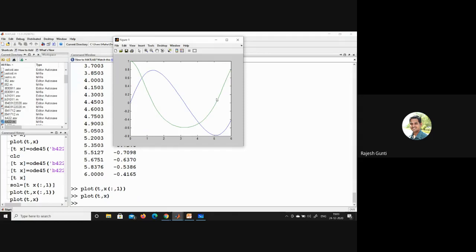Any doubts on this second order differential equation? Any doubts?